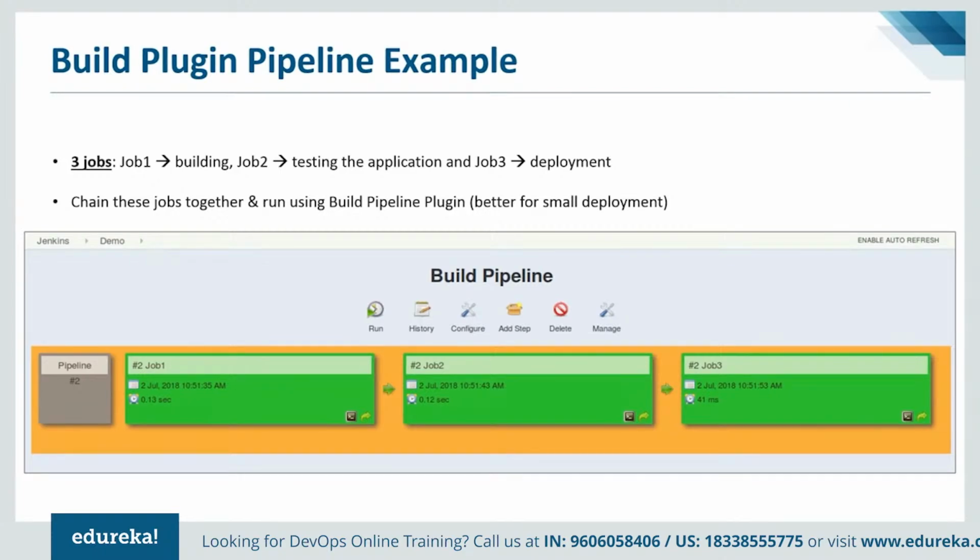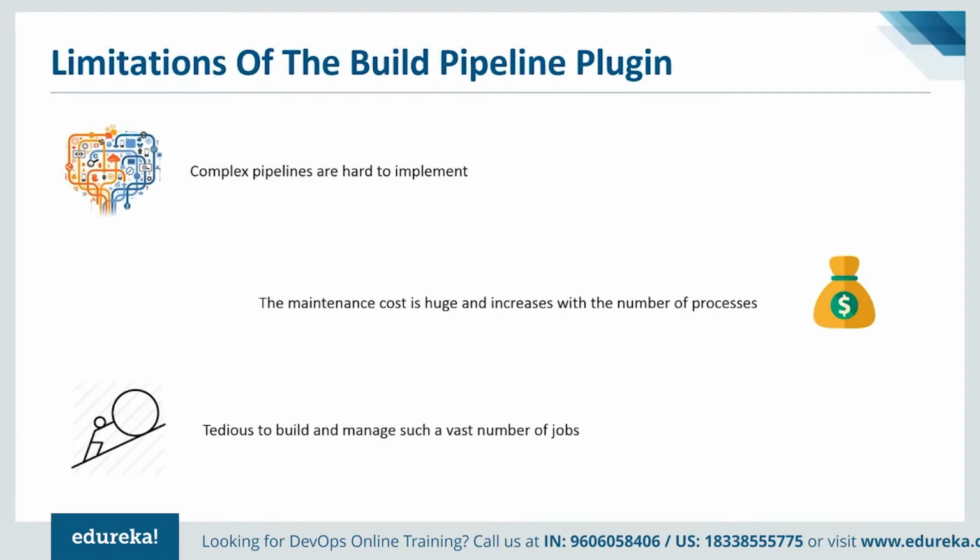Now this approach is effective when you're building applications which have a small number of jobs. So let's say your application has 5 to 10 jobs. You can easily build these 10 jobs, then assign processes to each job, and then chain these jobs together, and after that run them using the build pipeline. But what happens when there are complex pipelines with hundreds of jobs?